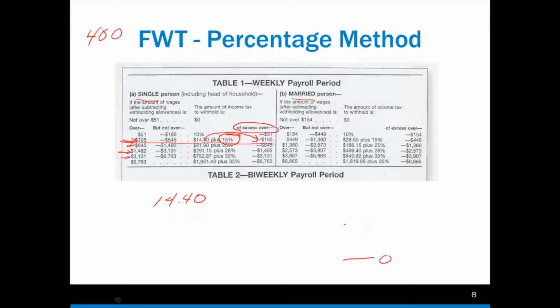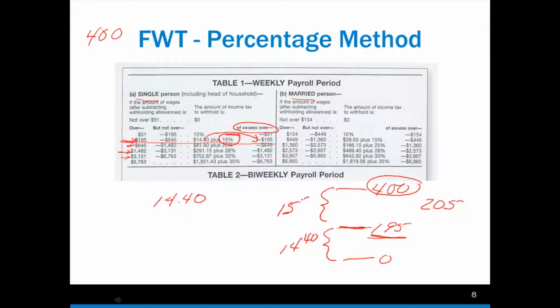Think of it like this. Here's 0, here's 195, and here's 400. We're getting paid $400. The 14.40 is how much is being withheld for the amount all the way up to 195. The difference between this and this is $205, because 400 minus 195 is 205. For this amount, we're going to take 15%.